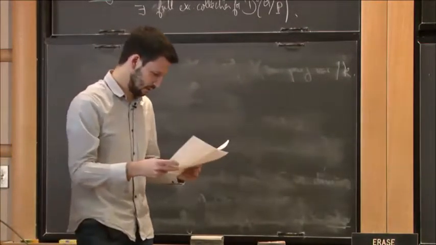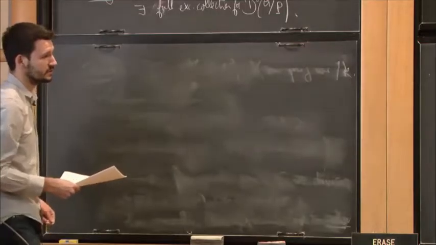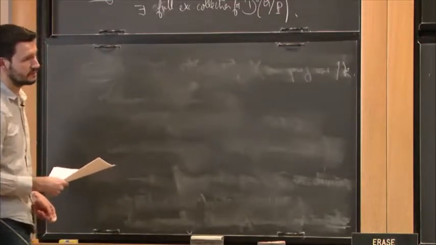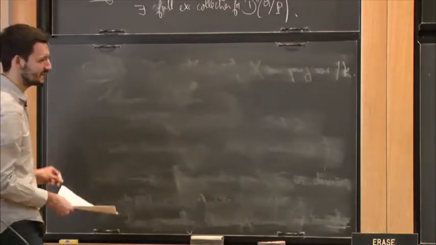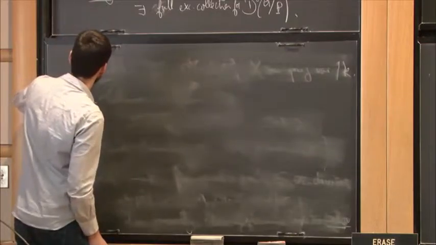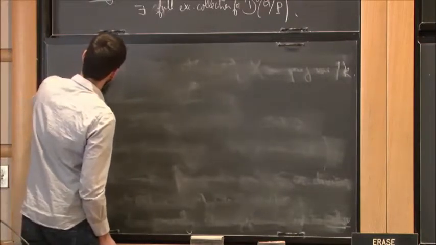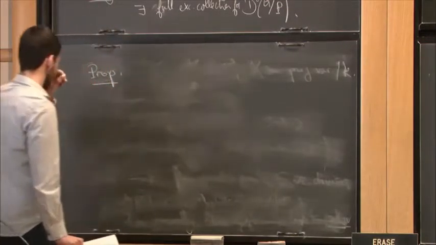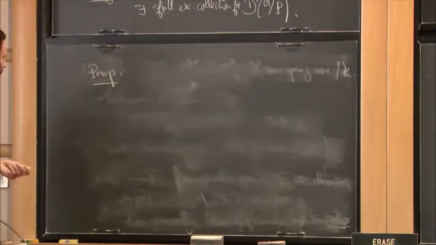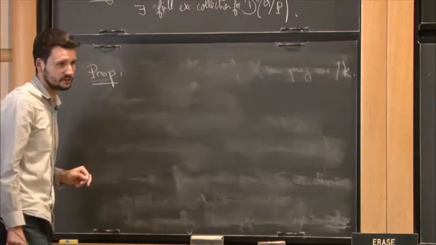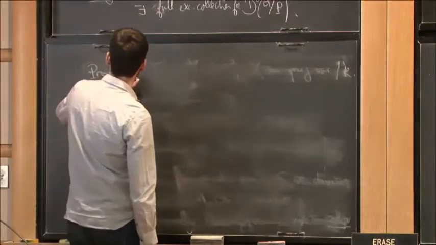Okay, so before I move on to surfaces and the Néron-Severi lattice, as mentioned in my title, I'll mention one last proposition. This gives a characterization of projective space. So it's the following.